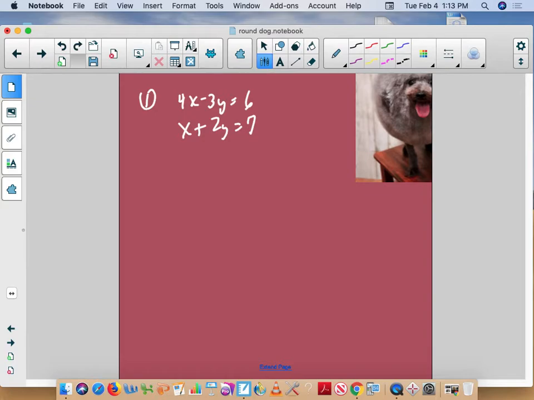What could happen that's really weird? Rebecca? They could be the same line, so they could have infinite solutions. So you might not realize at first that one line's just a multiple of the other, and they're the same line. That could have infinite solutions. Parallel lines, no solution. Intersecting lines, one solution, okay?